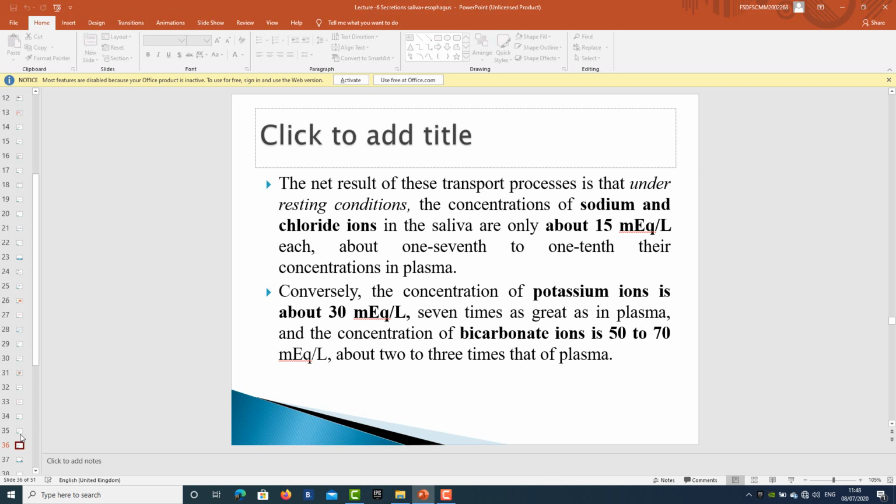Conversely, the concentration of potassium ions is about 30 milliequivalents per liter, 7 times as great as in plasma, and the concentration of bicarbonate ions is 50 to 70 milliequivalents per liter, about 2 to 3 times that of plasma.